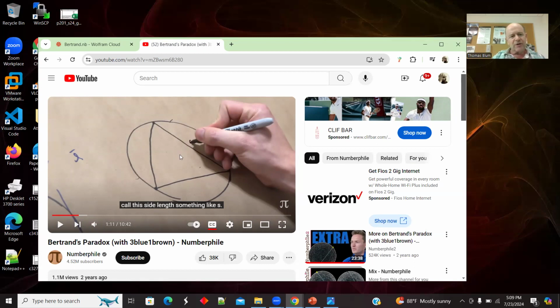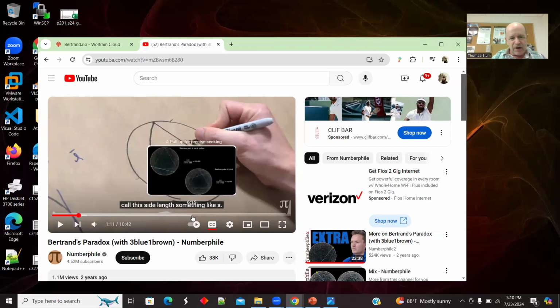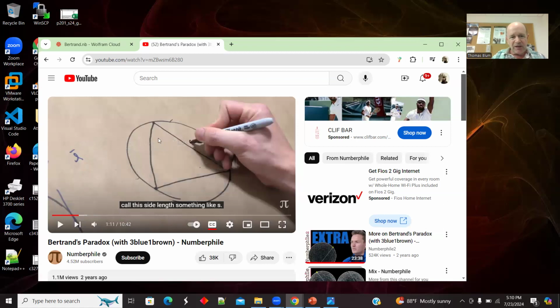And so, sorry, you choose a random direction, and then you move along that radial direction, and then you pick one direction and you move it more or less at right angles, perpendicular to that.